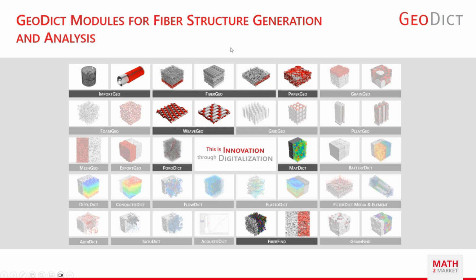Then we have FiberGeo to model fibrous materials. Complementary to that, we have PaperGeo. When it comes to woven materials, we use WeaveGeo very often. And of course, we analyze these structures using PoroDict and MatDict. And when it comes to analyzing fibers and really identifying single fibers, we use our FiberFind AI that you will learn about more later in this session.